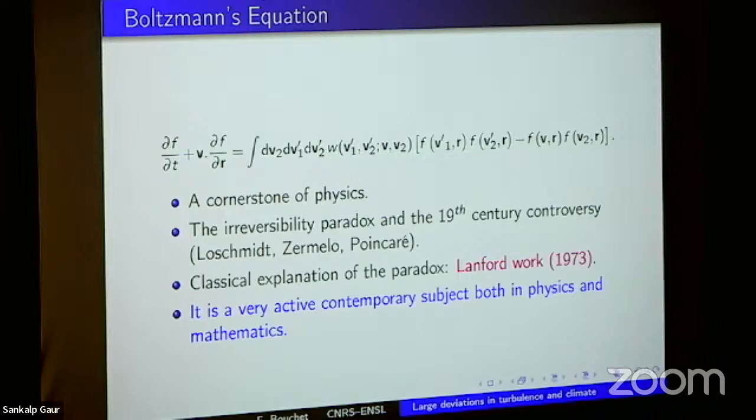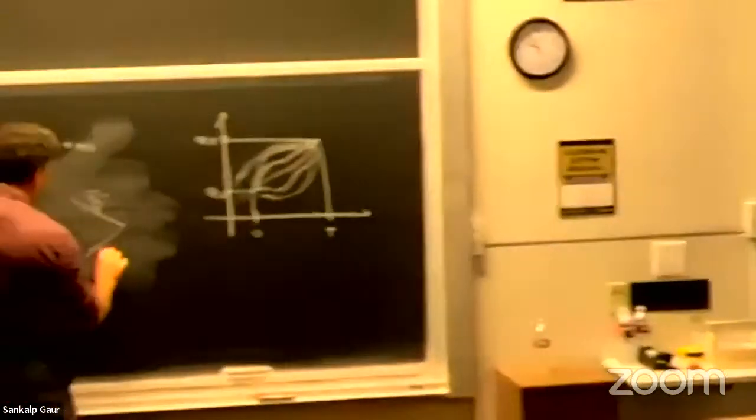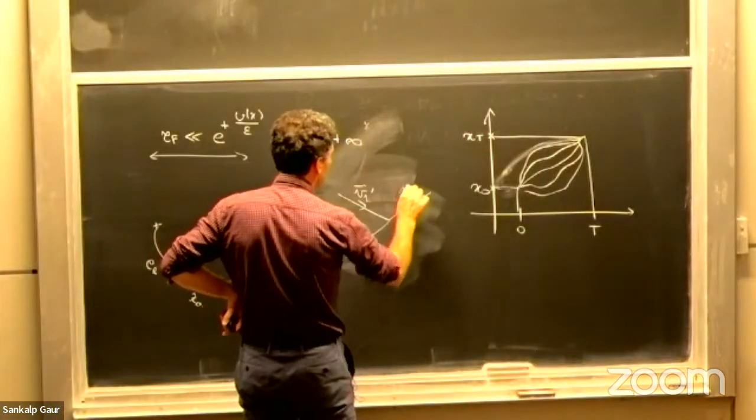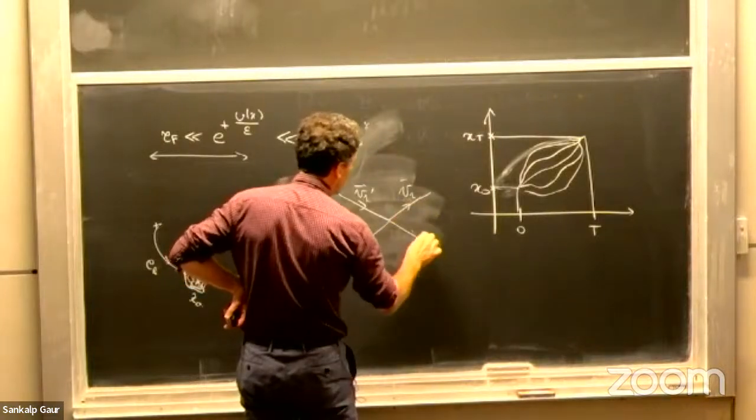So you have the effect of the collisions that enter and the effect of the collisions that exit. You have four velocities: velocity v'1, velocity v'2, and then you exit with velocity v1 and with velocity v.